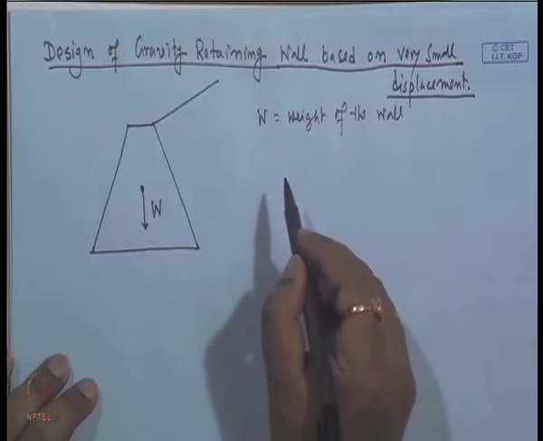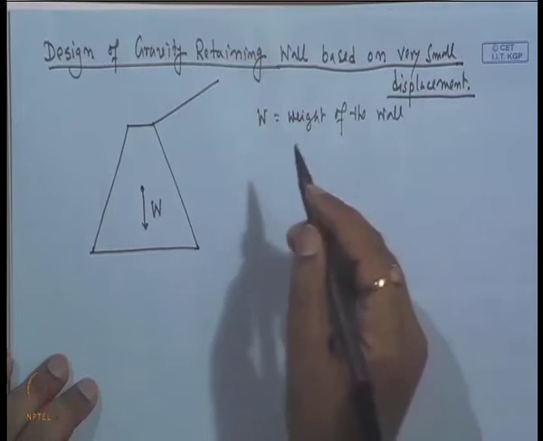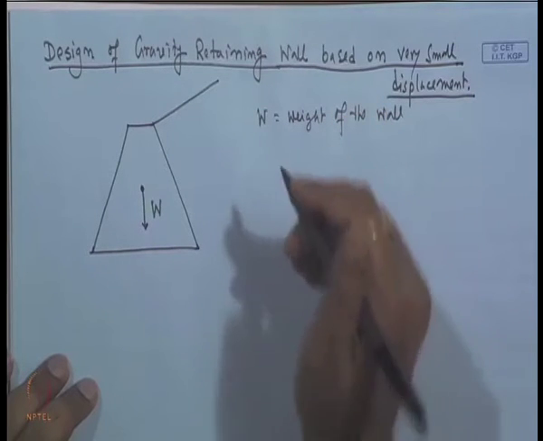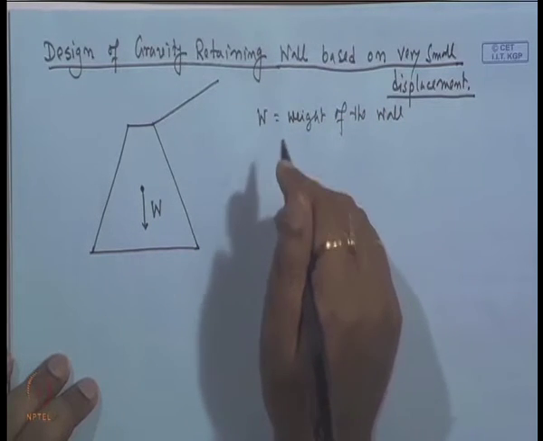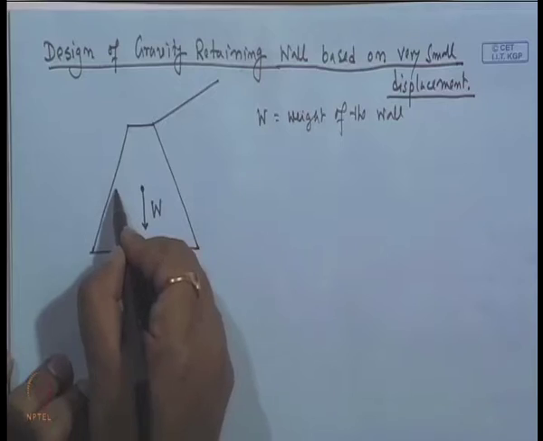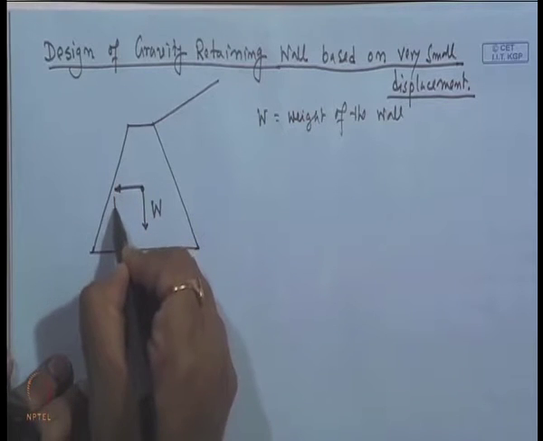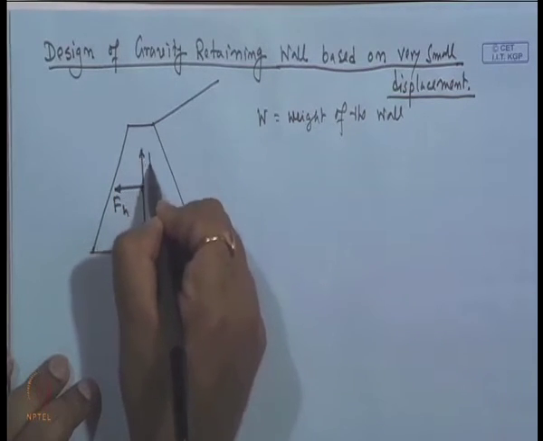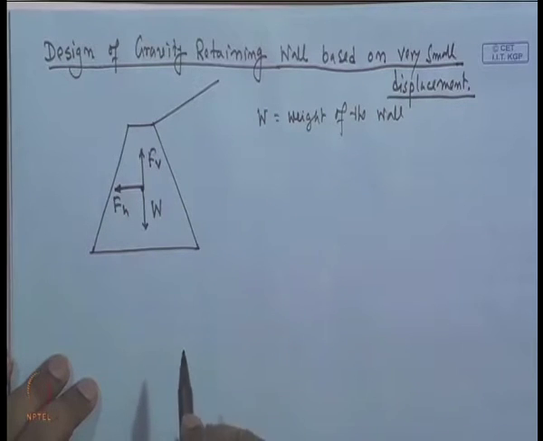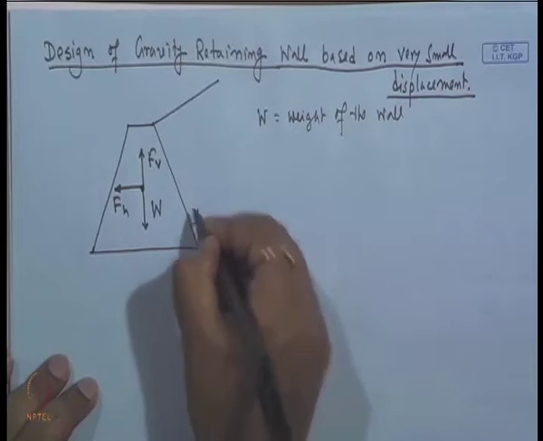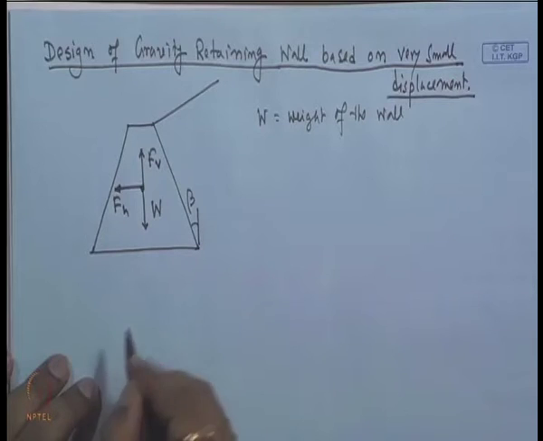Previously, W was the weight of the soil in the failure zone, where we applied the pseudostatic Kh and Kv, but here, on the weight of the wall itself, we are applying two forces, one is Kh W, that is F H, and another is F V. So, this is the weight which is acting, and this wall is making an angle beta with the horizontal.